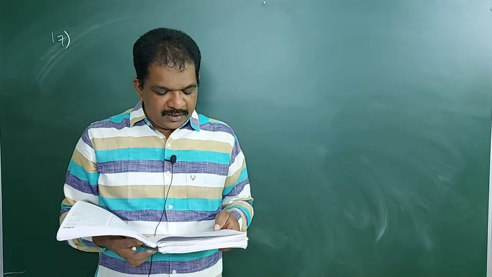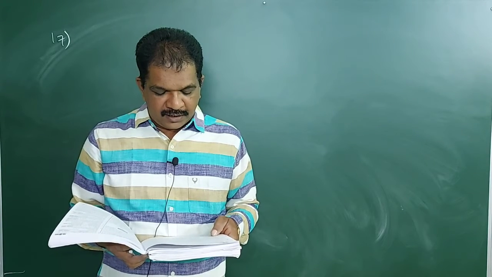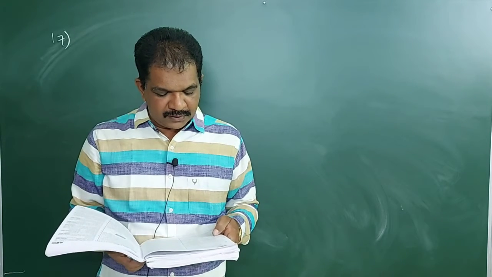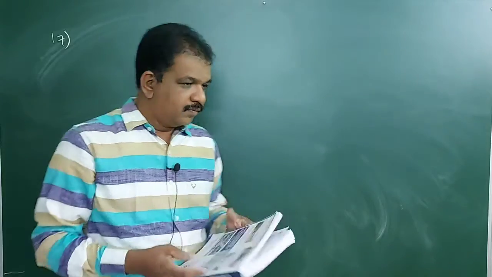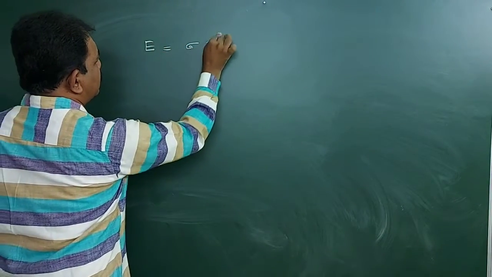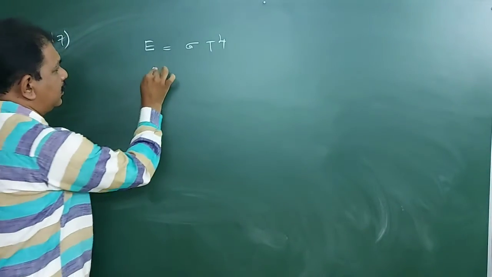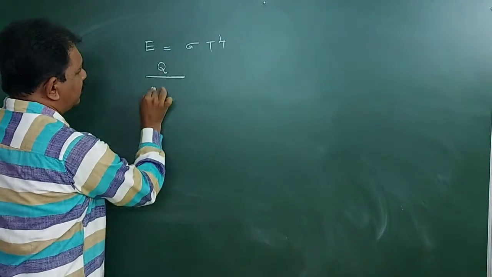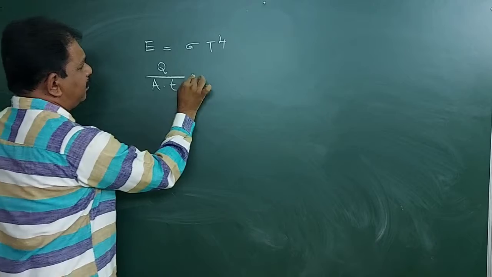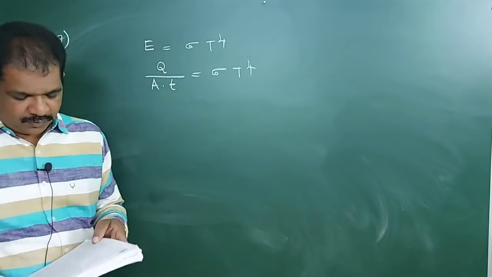What would be the temperature of the star if it radiates, in which the rate of energy production is Q? Stefan's law: E is equal to sigma T power 4. E means the energy emitted per unit area per unit time, which is sigma T power 4.